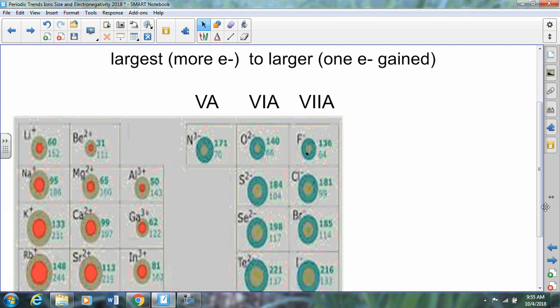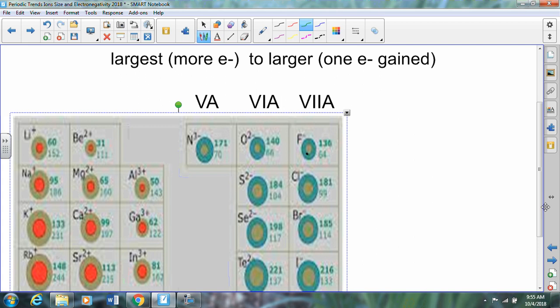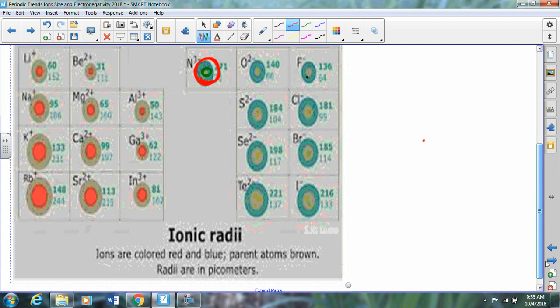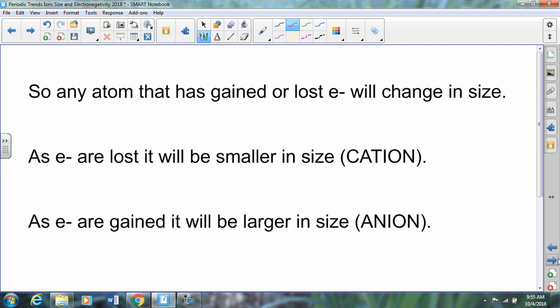The outer part is where the electrons now spin because there are more of them repelling. So, any atom that has gained or lost electrons is going to change in size. Electrons lost, smaller, cation. Electrons gained, larger, anion.